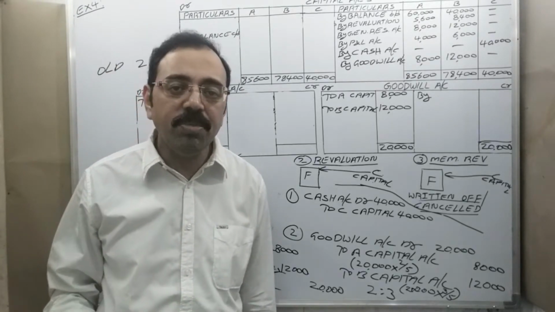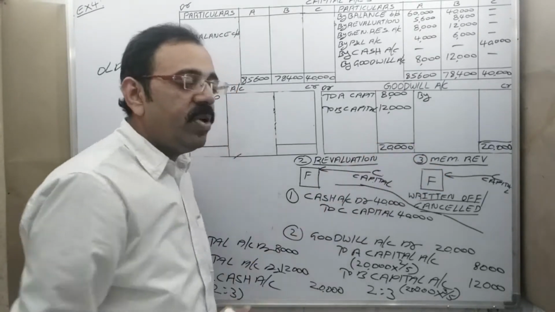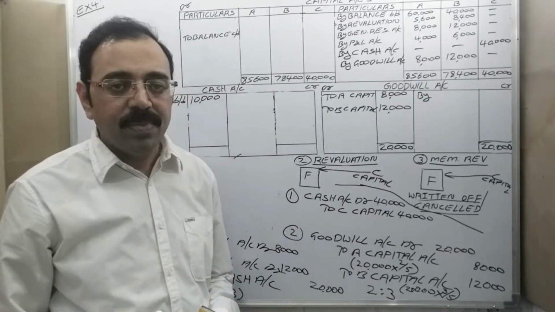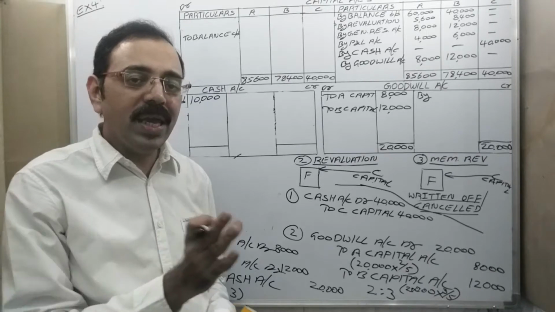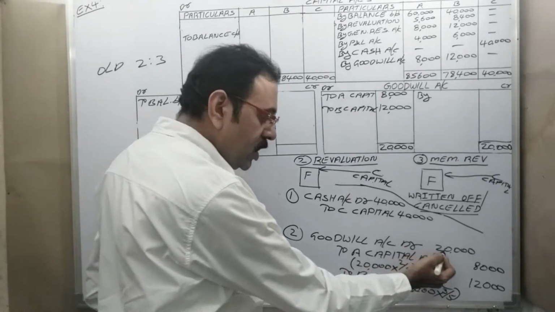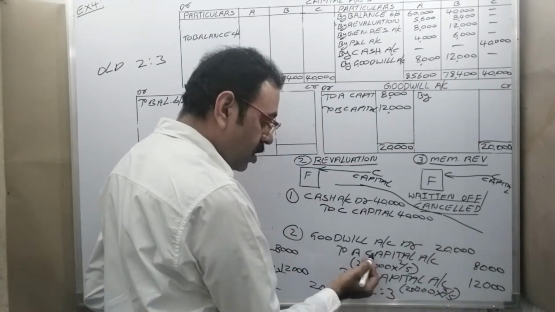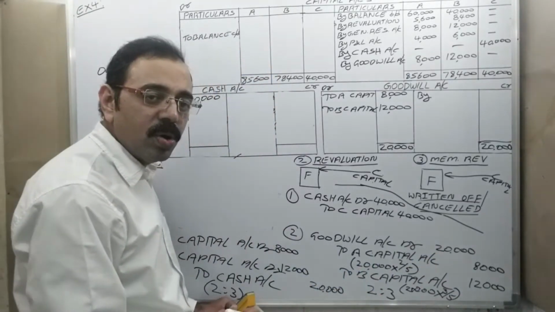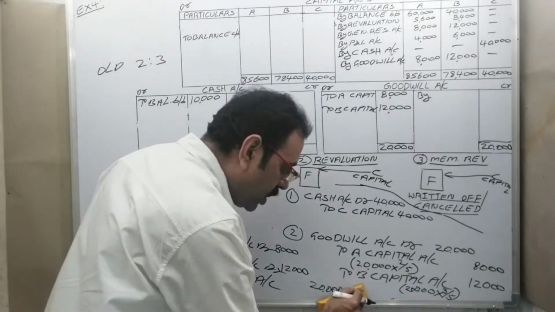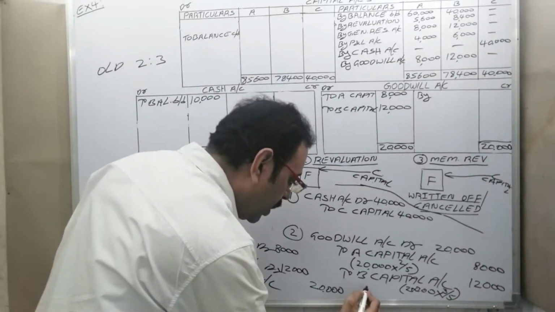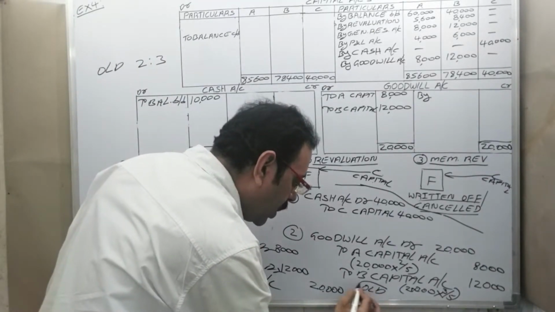In revaluation method or in memorandum revaluation method, since we are creating goodwill, the full goodwill amount is given in the question. Okay? Then, this goodwill, who should take? A and B. In which ratio? Not in sacrificing ratio. They should take the goodwill in old ratio.